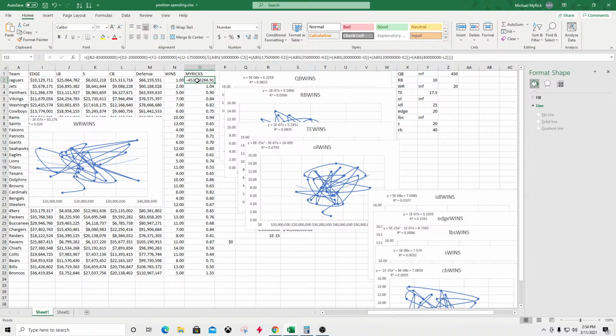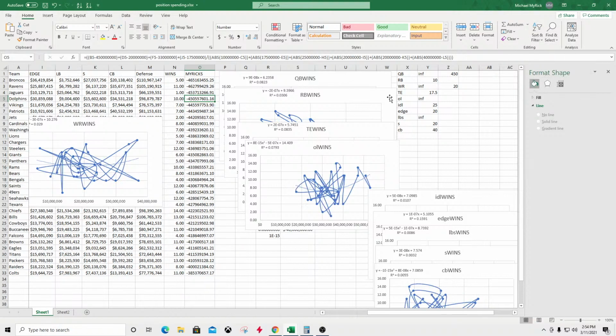Yeah, it's gonna be too crazily heavily slanted towards the quarterback number, because the quarterback number means that you got to spend more than 450 million or less than 450 million.